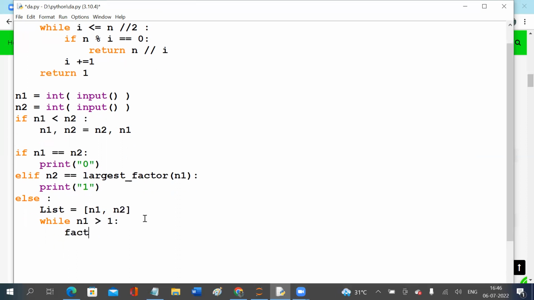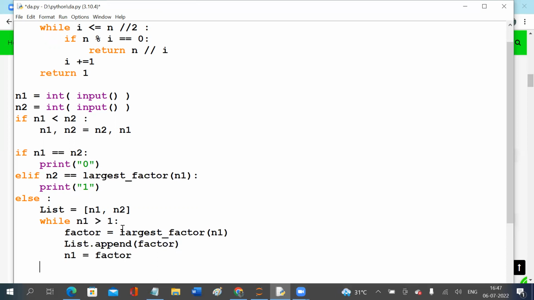Let us call the routine largest factor. Now append this factor to the list. Next time, your n1 is this factor. 18 becomes 9, 9 becomes 3, and so on.